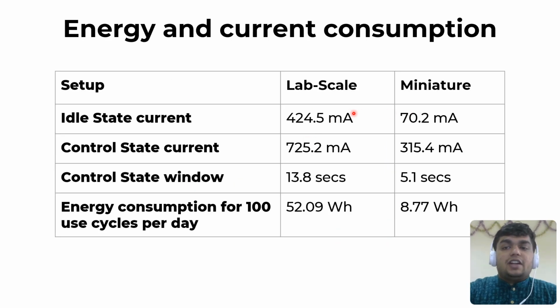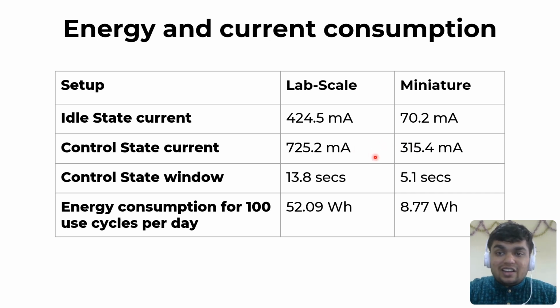Here is the comparative data for energy and current consumption for the cases of the lab scale setup and the miniature setup. As is observed from the table and previously discussed in the plot as well, the idle state current for the miniature setup is 1/6 that of the lab scale setup. The control state current value for the miniature setup is less than half that of the lab scale setup.